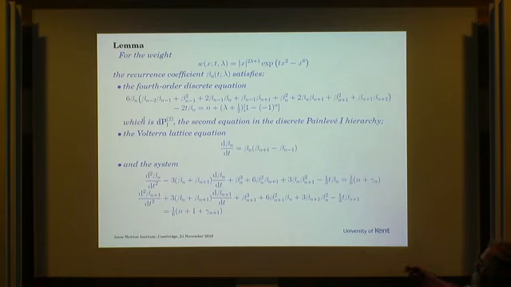If lambda is -1/2, the limit is the second member of the Painlevé I hierarchy. If lambda is not -1/2, it's the second equation in the Painlevé II hierarchy. It also satisfies the Volterra lattice equation, and it satisfies this system of two second order equations for beta n and beta n plus 1.